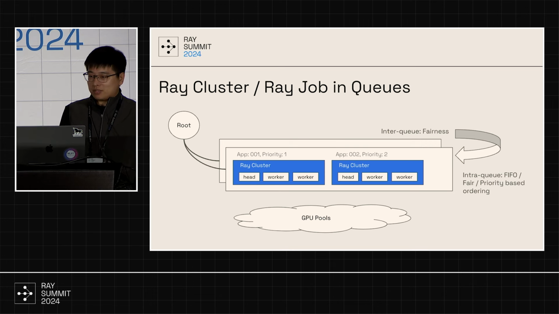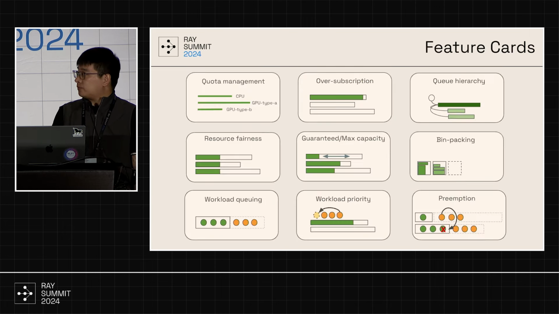The principle we're trying to follow is that we want the GPU pool to be shared as much as possible by all these teams. In some extreme cases, we still do isolation, but in most cases, we want to use a large GPU pool shared with everybody and use YuniKorn to manage all those GPU quotas. That works very well for us.